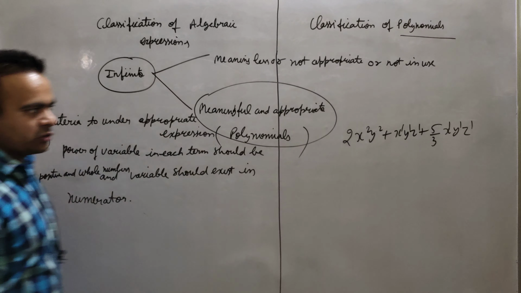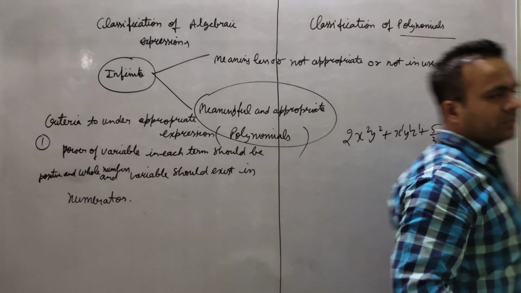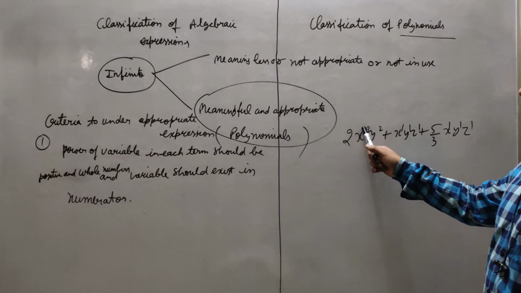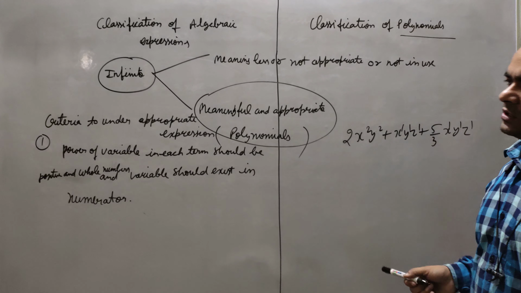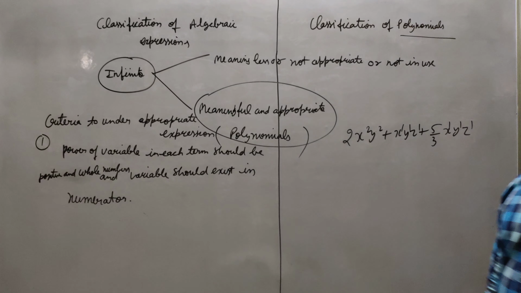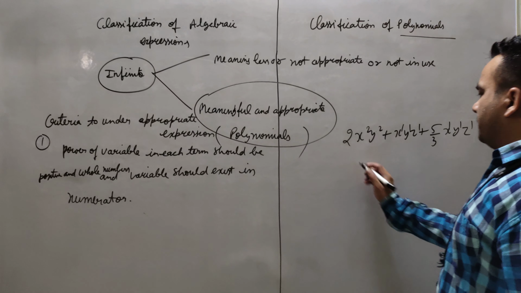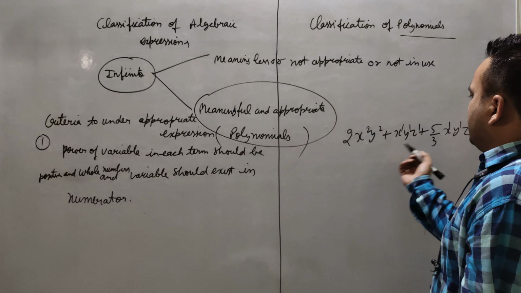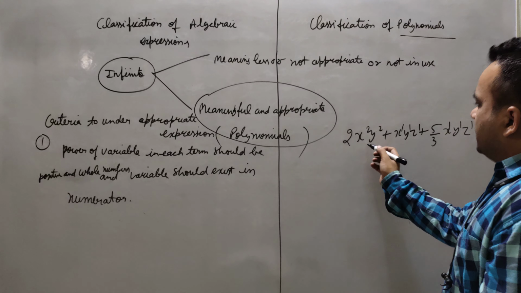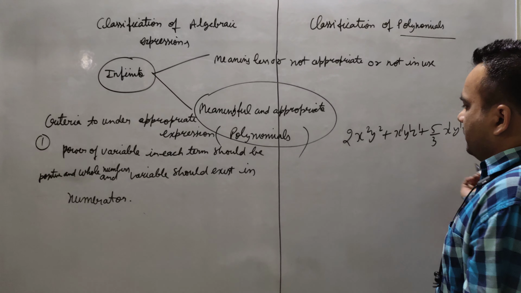You can say like this also, this should belong to whole numbers. Whole numbers means power can be 0, 1, 2, 3, 4 like this. Minus power will not be considered. Right. Okay. Suppose I am saying this, you can see this is actually satisfying the condition because the powers are positive.